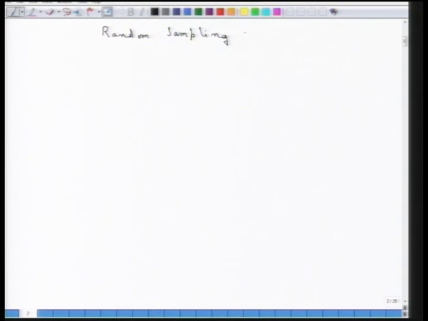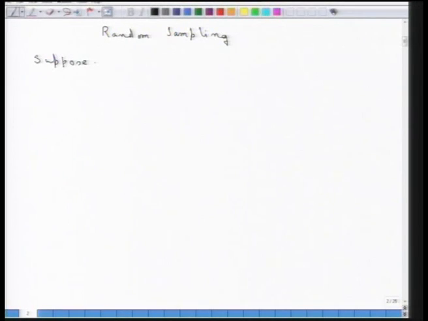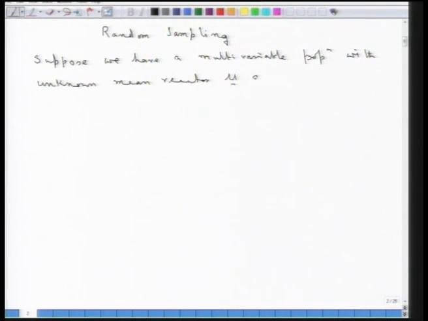Now, random sampling from a multivariate distribution, what is basically the need for this random sampling? Suppose we have a multivariable population with unknown mean vector mu, which is p by 1, and unknown covariance matrix sigma.